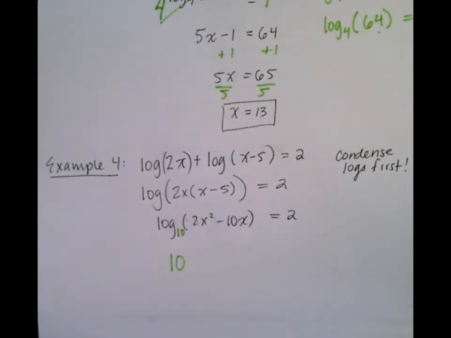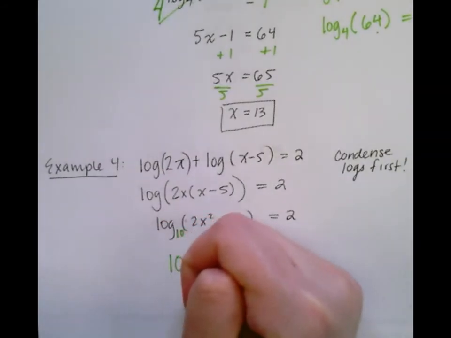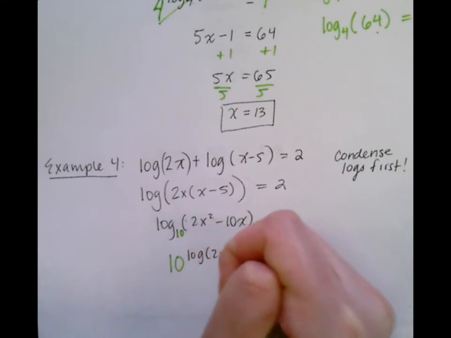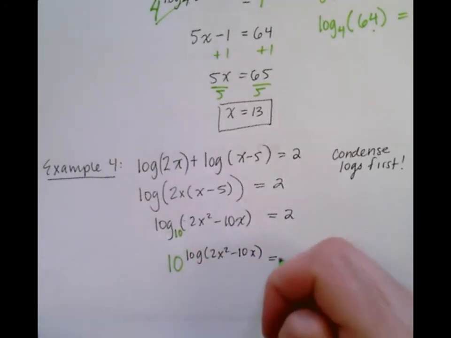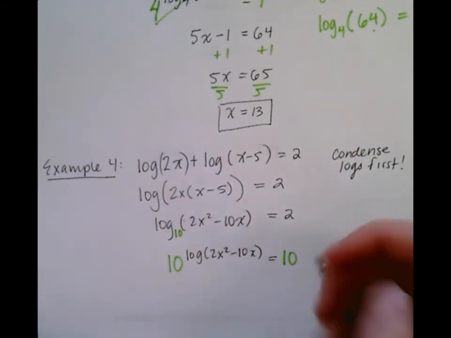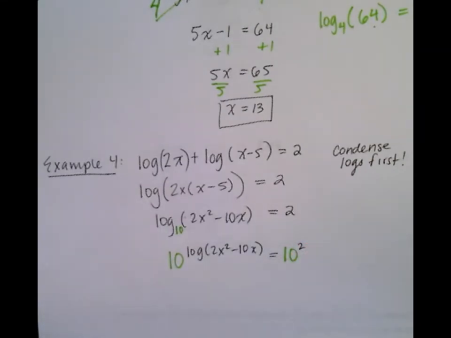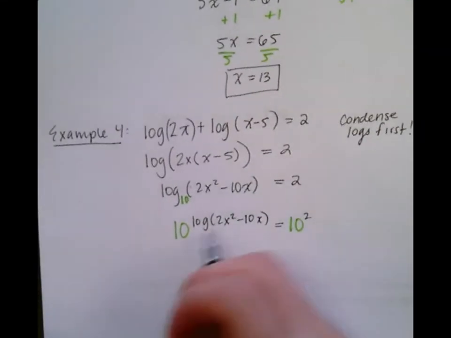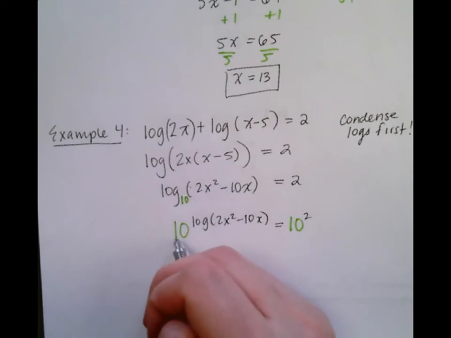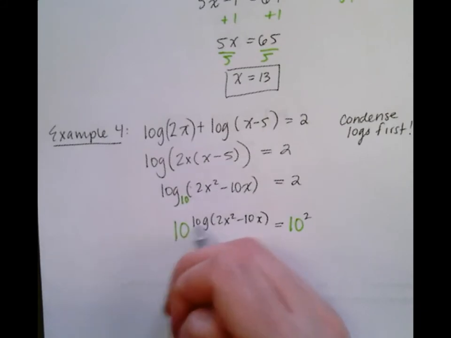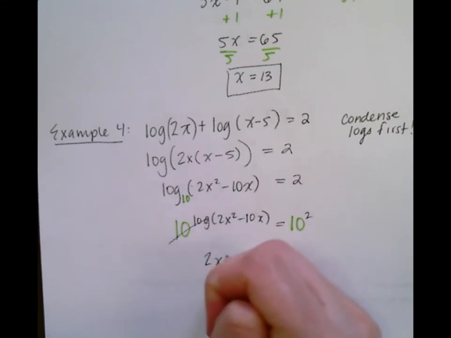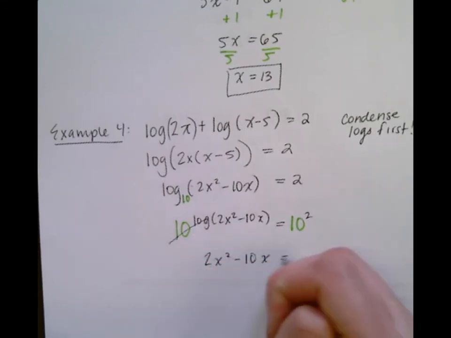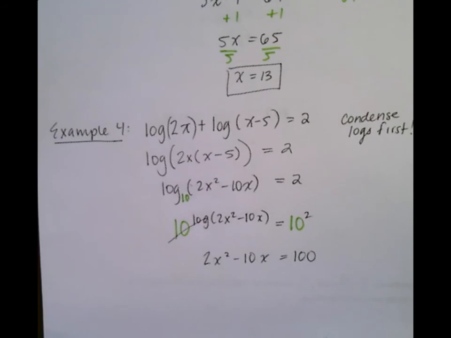So it would be 10 to the log of 2x squared minus 10x is equal to, well, whatever I raise this side to the 10th power, I have to raise the other side to the 10th power. Now, on the left-hand side, the power of 10 and the log cancel. So I'm left with 2x squared minus 10x is equal to 100, 10 squared.